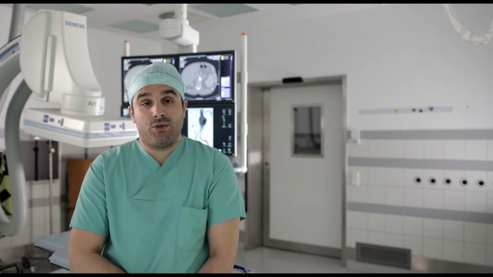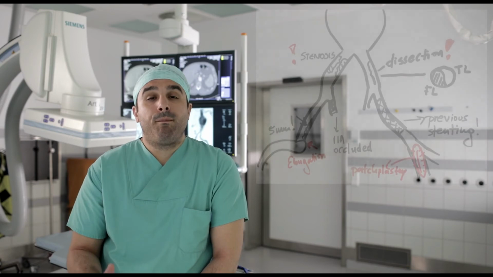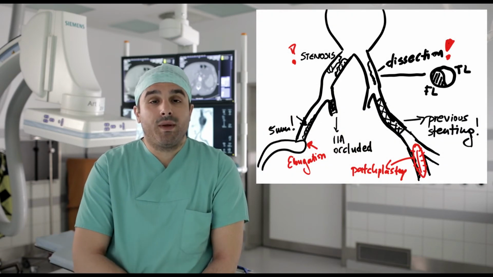In this context, you have to carefully draw now any relevant issues regarding the delivery of your endograft. This is an example of possible types of drawing for those anatomic challenges.